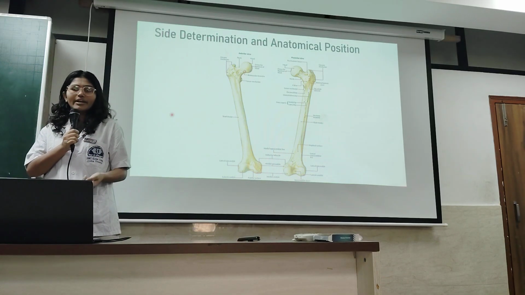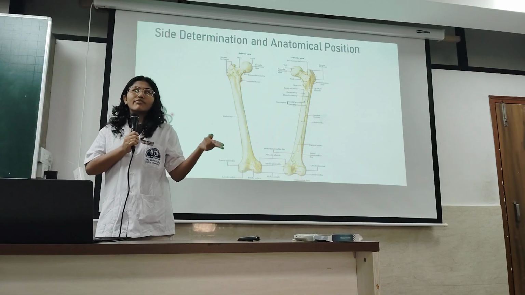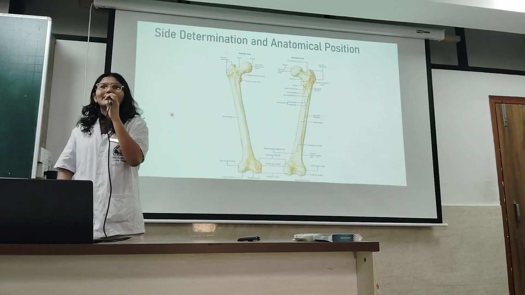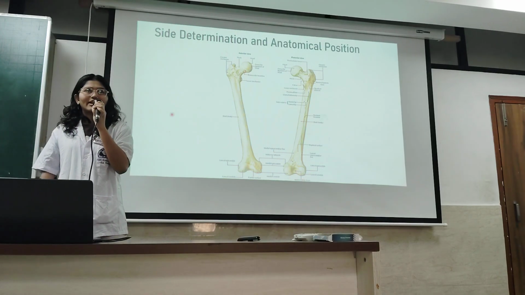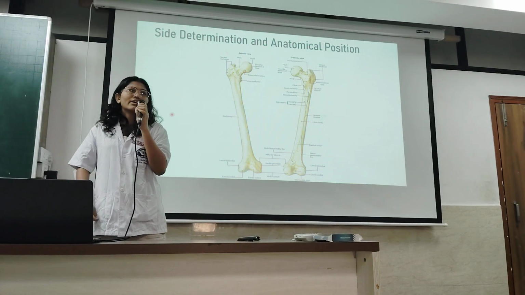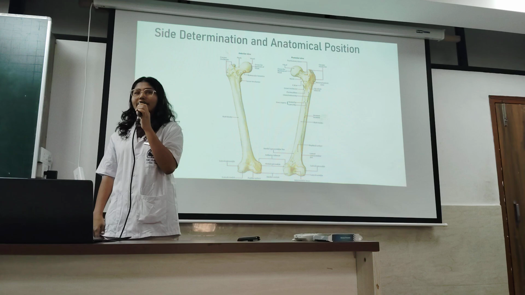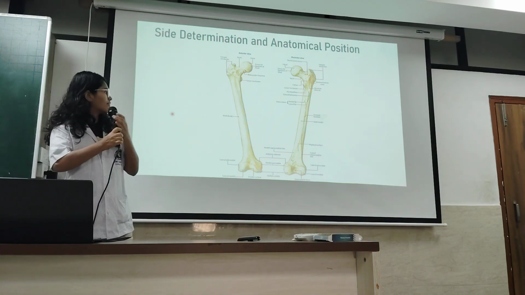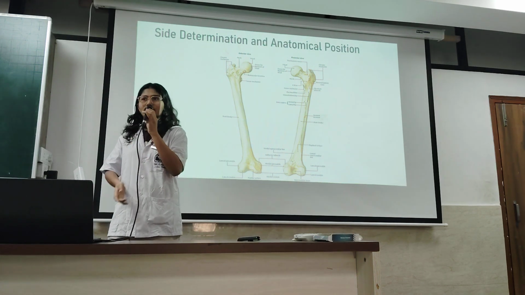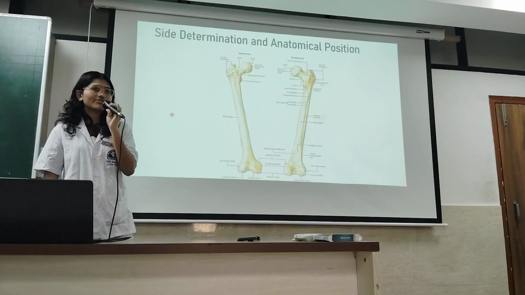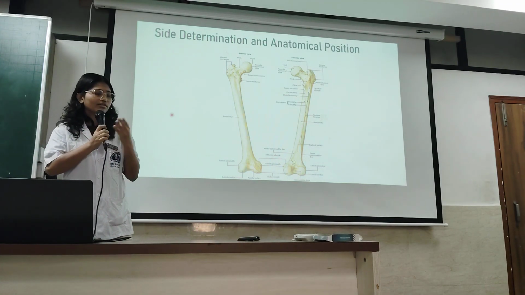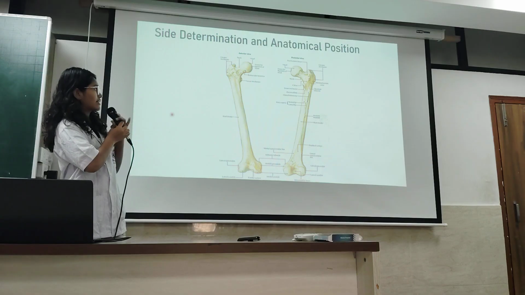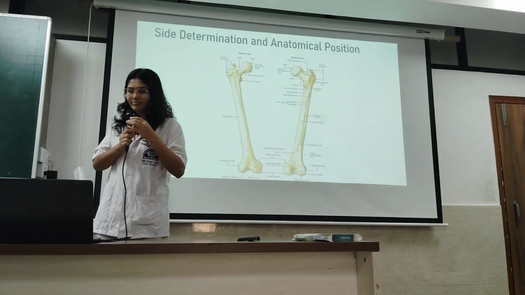The head is directed medially, upward and slightly forward, from which we can determine the lateral and medial side. In the shaft the linea aspera is present, and in the lower end the intercondylar fossa is present, from which we can determine the anterior and posterior side. So obviously this is the right side of the femur.